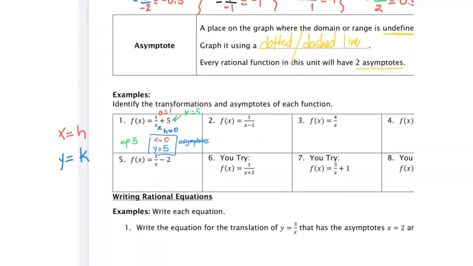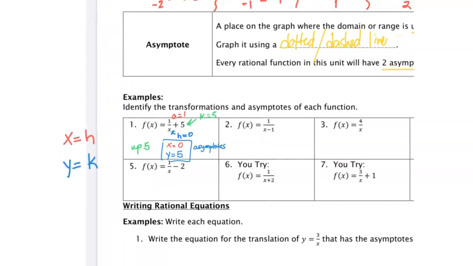Okay, let's try number 2. Number 2, we have our a value is a 1, so no shifts there. We have that our h value here is, go with the opposite number, a 1. So this means that we have a shift to the right by 1.